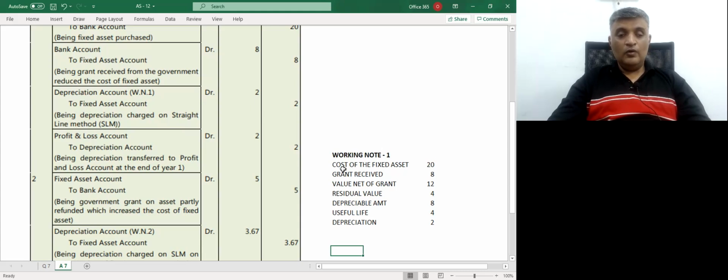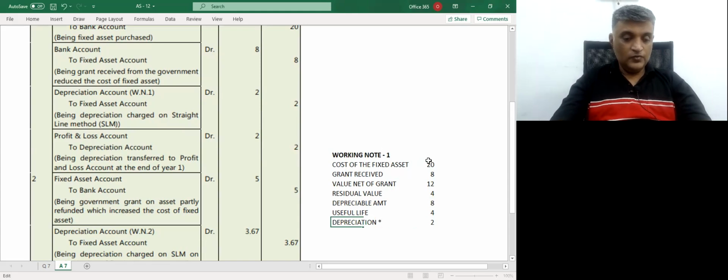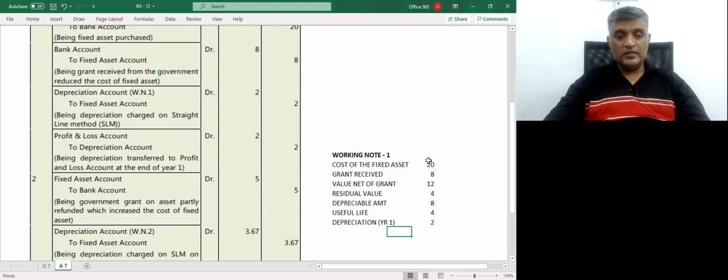So what is the value of the asset in the balance sheet at the end of year 1? Let's try to look at that. Cost is 20 lakhs. Grant, we have already reduced from the fixed asset. So it's going to be 12 lakhs. Depreciation charge for year 1 is 2 lakhs.